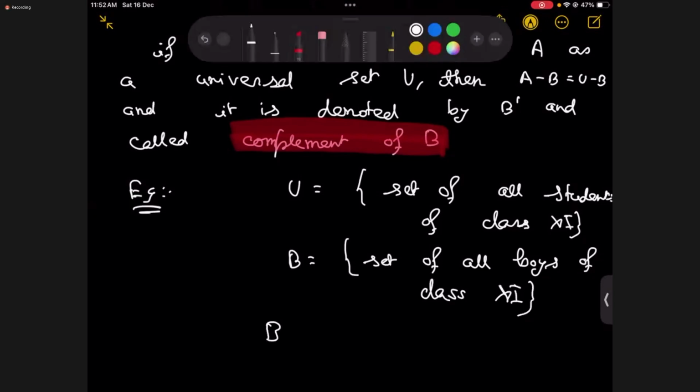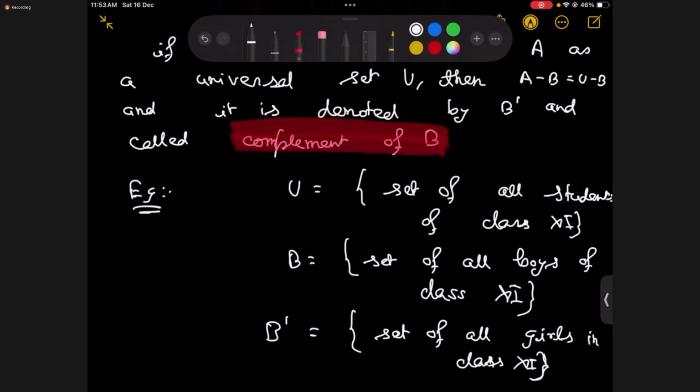This is the set of all girls in class 11. This is denoted by B prime. This is nothing but U minus B. So this is called the complement of the set B. And where do we take the complement? We take it under the universal set.